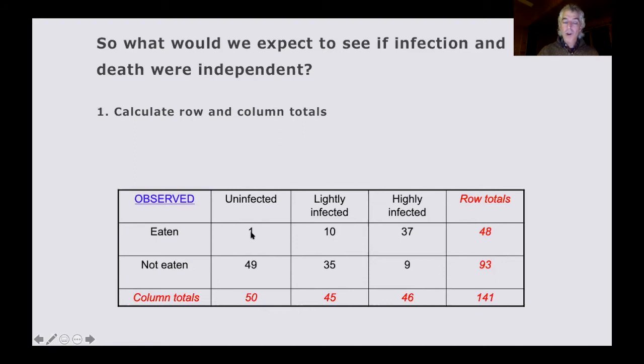So in the first row, we have 1 plus 10 plus 37 equals 48, whereas the number of fish that were not eaten across the 3 different infection types is 49 plus 35 plus 9, totaling 93. We can see that there were a total of 50 uninfected fish, 45 lightly infected fish, and 46 highly infected fish, for a grand total of 141 fish in this experiment.